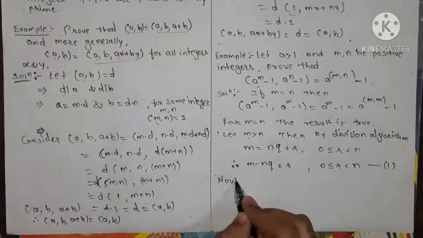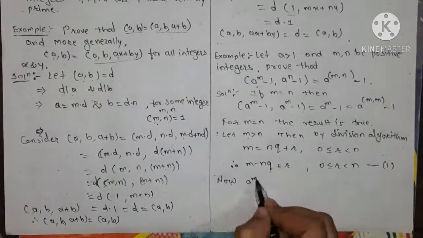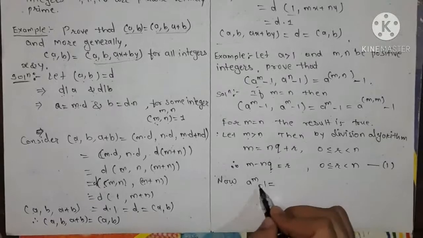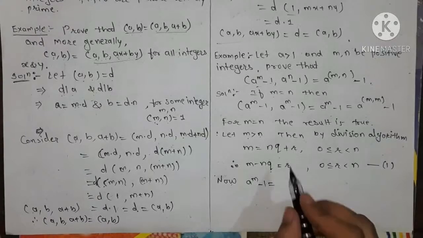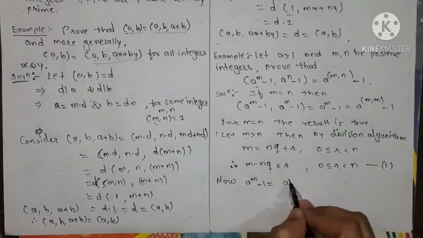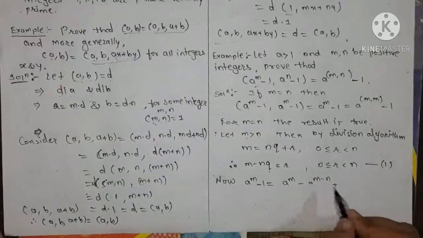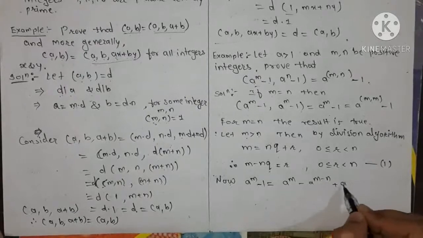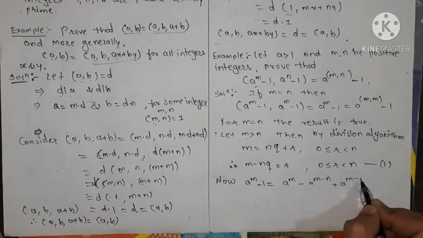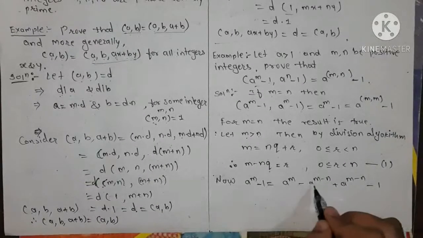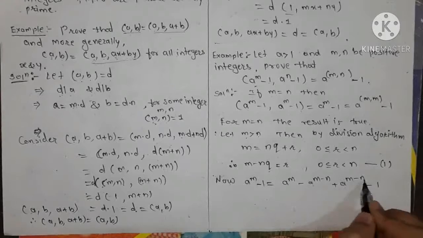Now we consider the term a to the power m minus 1, which we can write as a to the power m minus a to the power m minus n, plus a to the power m minus n minus 1. So we are adding and subtracting the term a to the power m minus n.